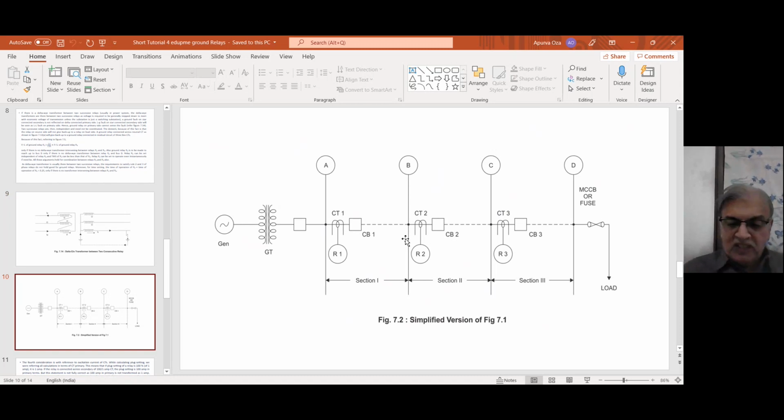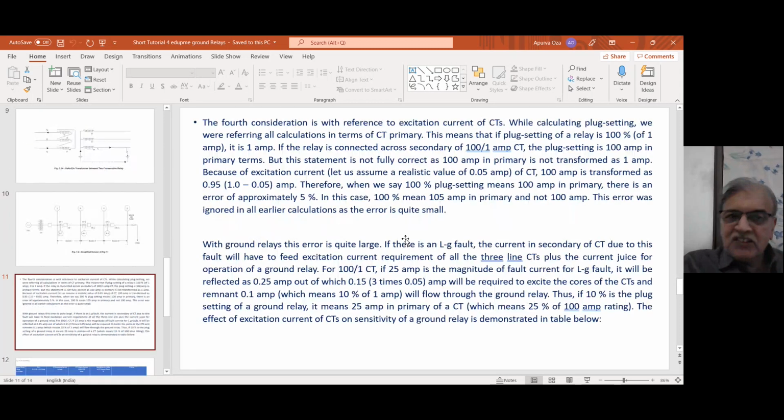Now the next very important thing, and the last thing, is the excitation current of CT, right? What we were telling in phase over current relay: I have got a 100/1 CT and my current flowing in the transmission line is 90 ampere. So 100/1 for 90 ampere in secondary becomes 0.9 ampere, and the relay setting is 50 to 200% in 7 equal steps.